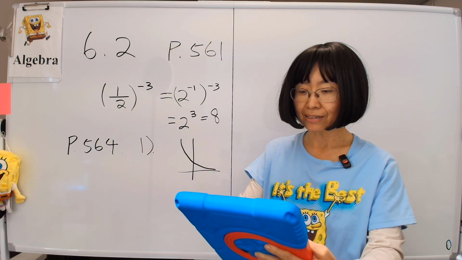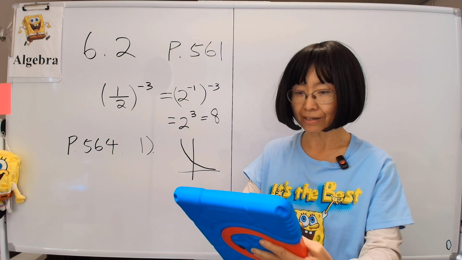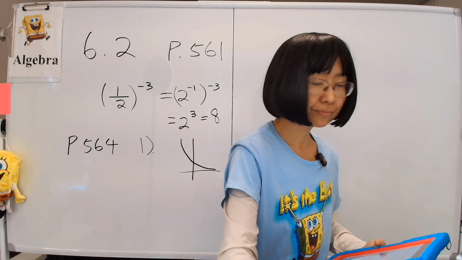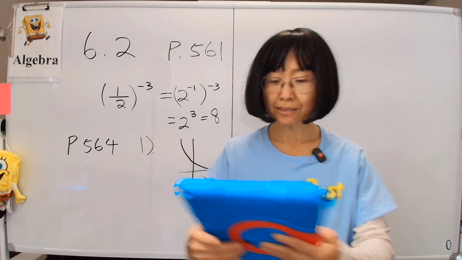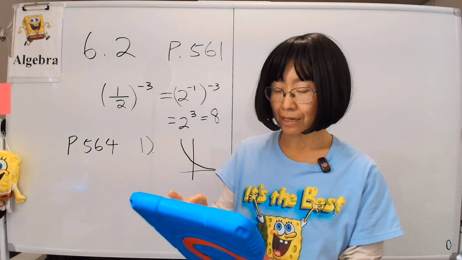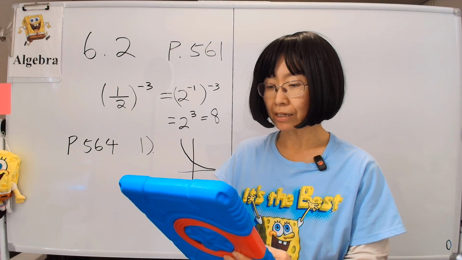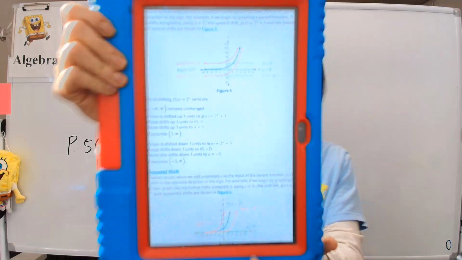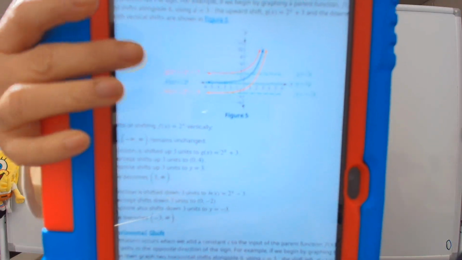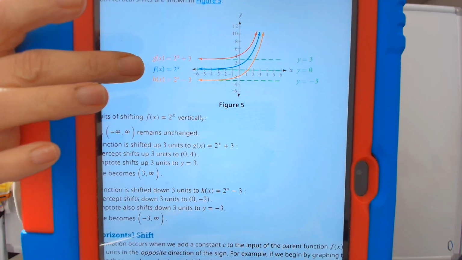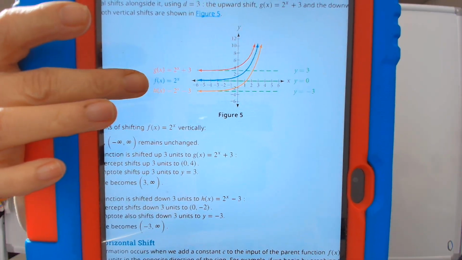Oh, here it is. Here's the shifting that I was looking at earlier. This is page 565. Now I want you to plot this into the Desmos calculator yourself as well. It's rather simple to do, because what you do is you type in one of them, the f of x equal to 2 to the power x. Then you just copy and paste. You don't type in f of x.